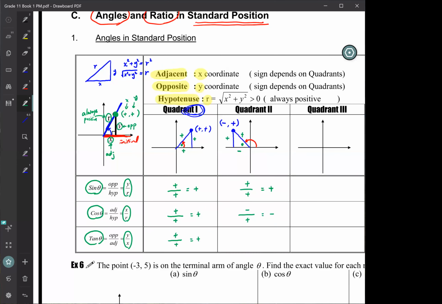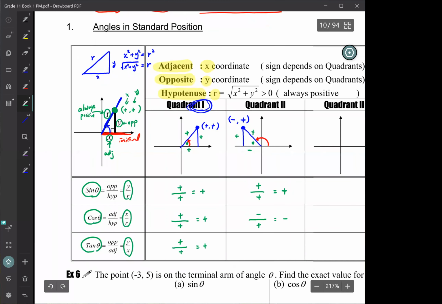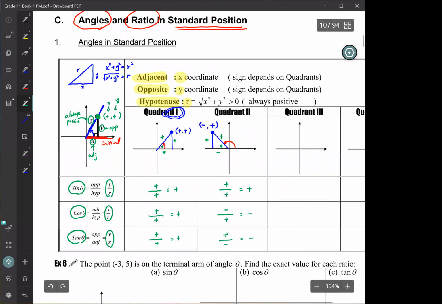Let me know if any point here is not clear. The last ratio is tangent, okay? Tangent is y over x, right? Positive over negative. So you end up with negative. Okay, does anyone have questions so far up to quadrant 2?